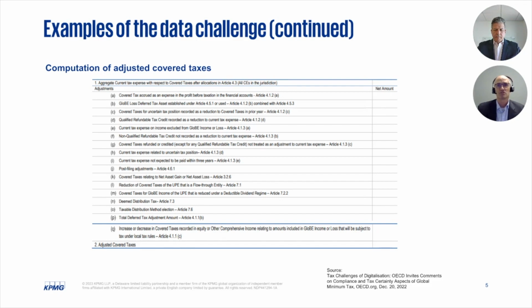There are also different ways in which to classify credits. When you're looking at tax credits, do they meet this qualified refundable tax credit concept or not? And if they don't, that would have a major impact on ETR, on top-up tax calculation. So there's a lot of challenges that companies are going to face today.